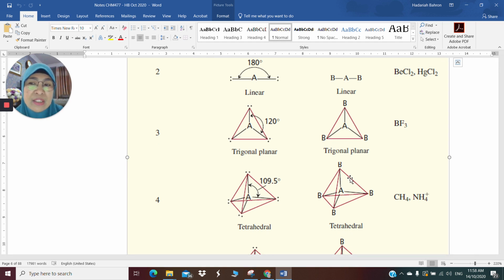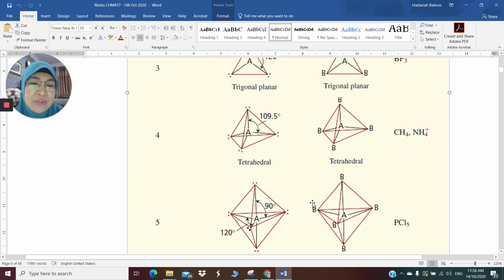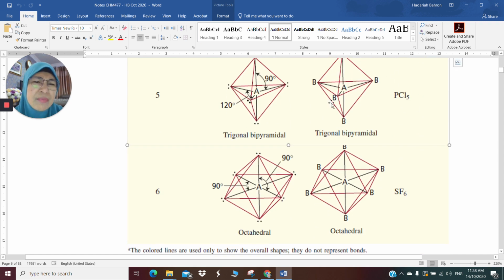Methane, everybody knows, has 4 carbon to hydrogen bonds, and the 4 carbon to hydrogen bonds will repel one another to the maximum possible distance away, and the shape that it's going to take is a tetrahedral shape. And PCl5 will take trigonal bipyramidal, and SF6 will be octahedral. So that is really quite easy.